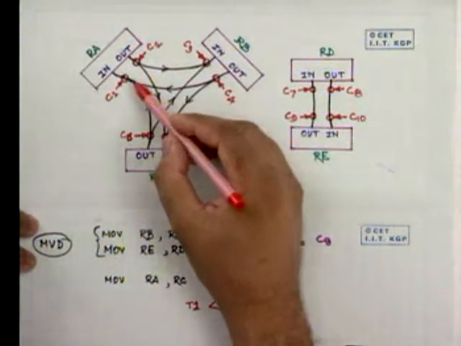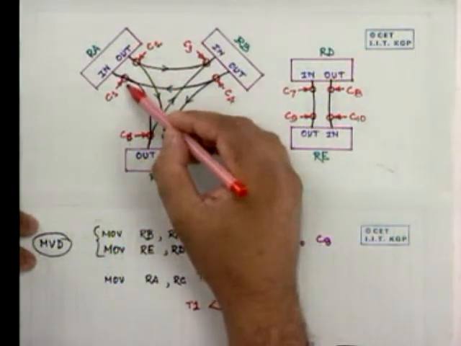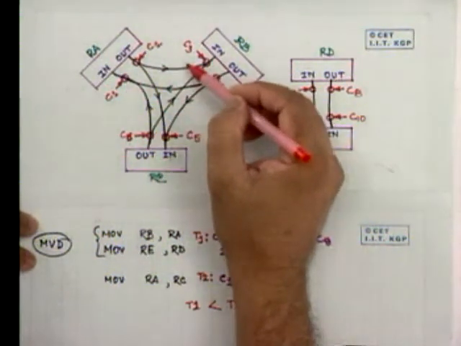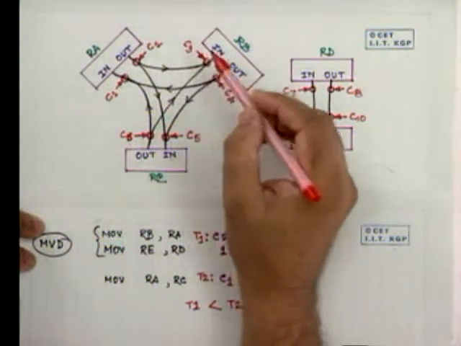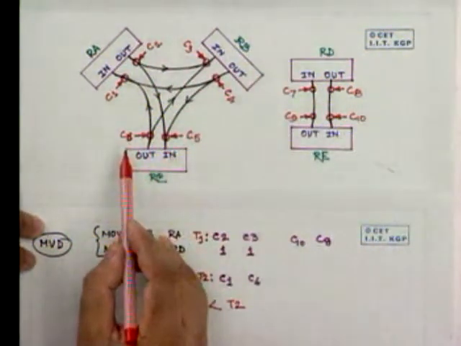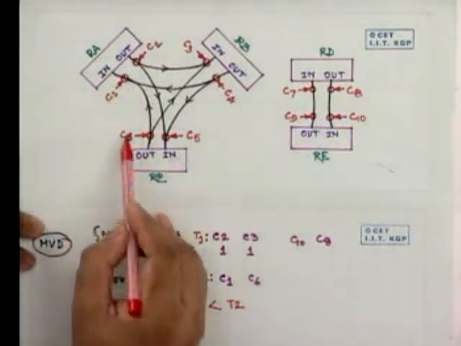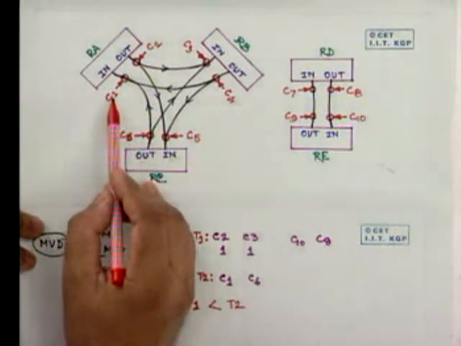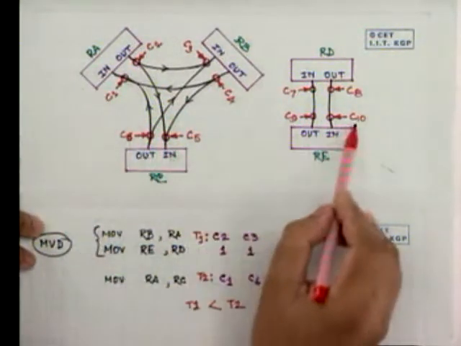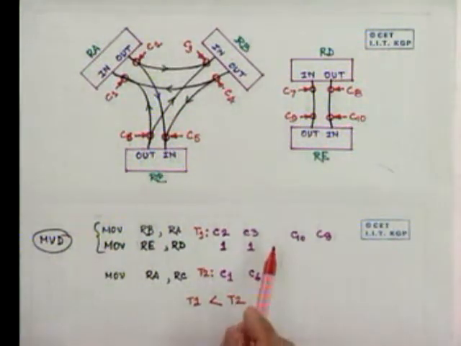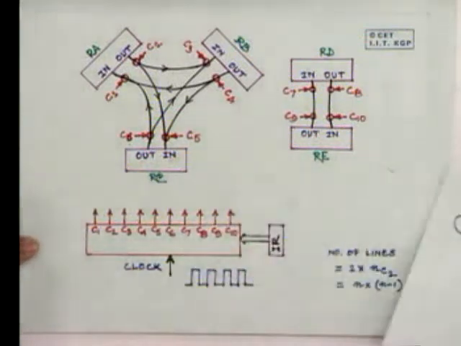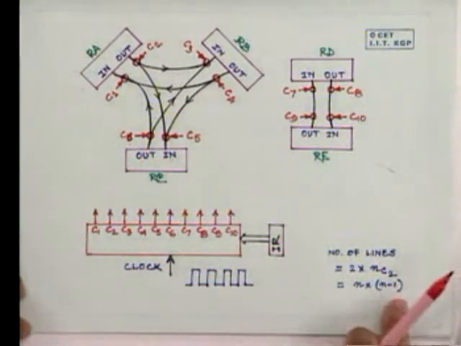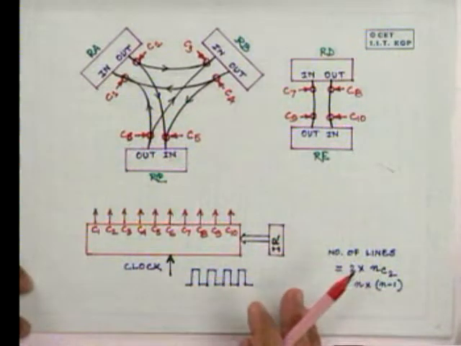Here, all these gates that control the data movement from register to register have been shown in terms of readings and marked as C1 to C10. Now this is a general picture. What we can have from here is a picture of a control unit, right?